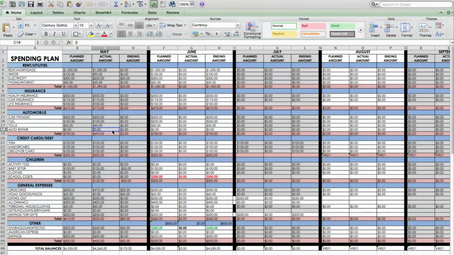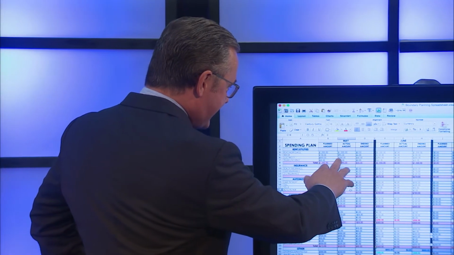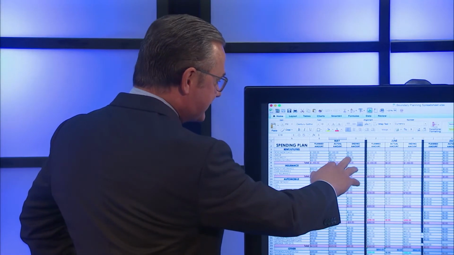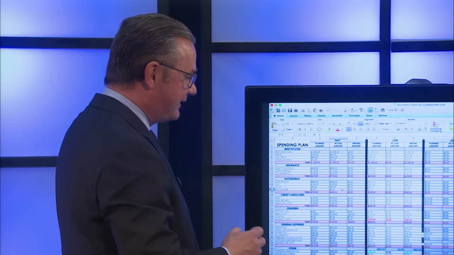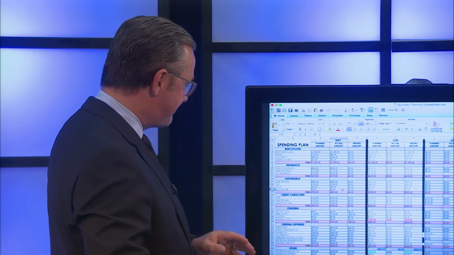So let's take a look at some of these numbers. Now, I've gone in and plugged in expenses, and let's take a look, say, at electricity. You had in your boundary account $300, and you actually spent $250, so it gives you a $50 positive in the electricity boundary account.